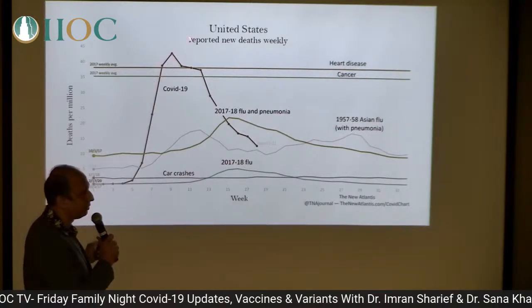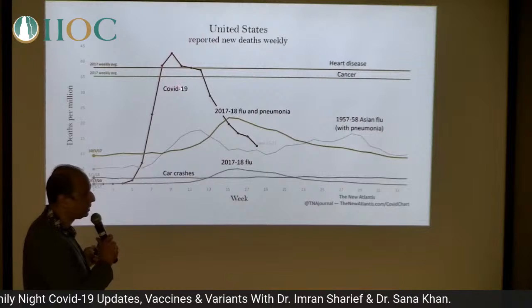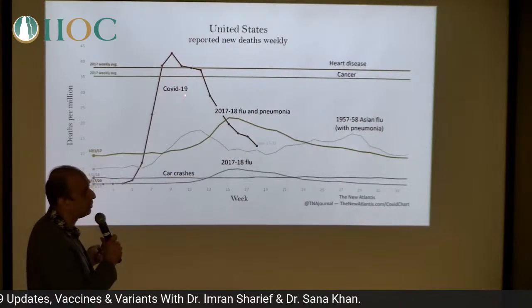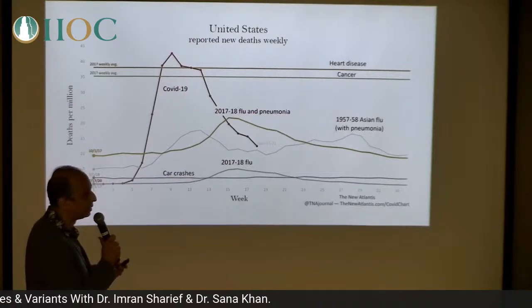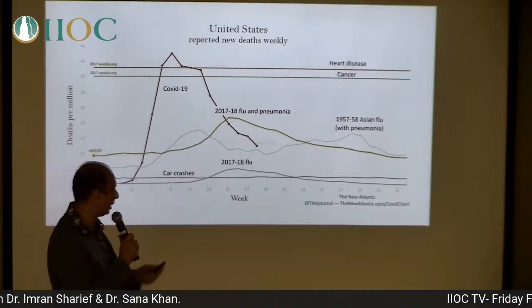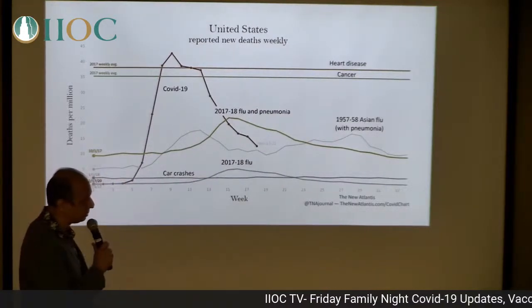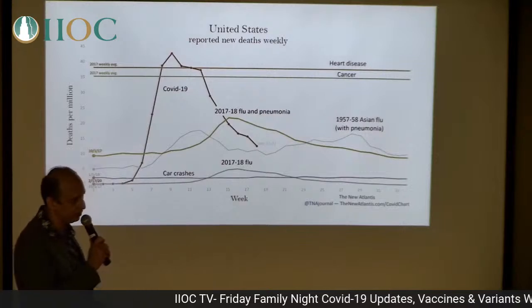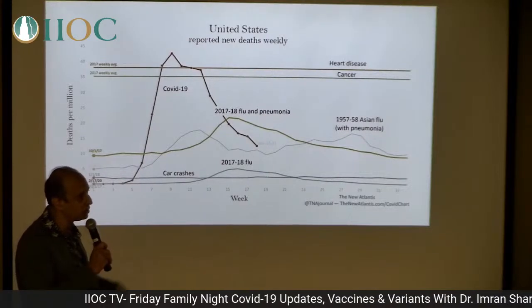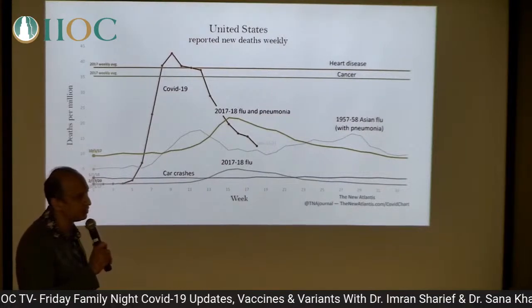But when the spike happened with COVID-19, there are more cases of people infected with COVID-19 than heart disease or cancer. So this is a real issue that we are dealing with. This is a real pandemic. Initially, it was the pandemic of everyone. Now it's the pandemic of the unvaccinated in the US. Outside the US, obviously, it's a different story.